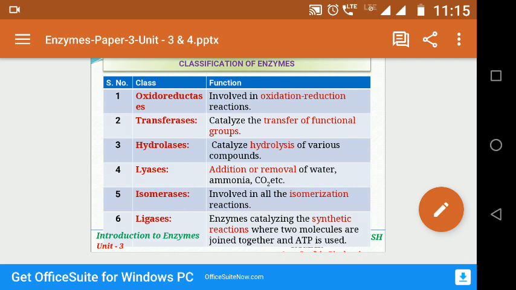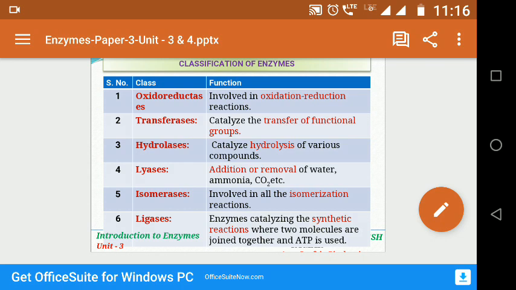And the fourth class is lyases, which carry out reactions where addition or removal of small groups, small molecules like water, ammonia, carbon dioxide, etc. takes place. And the fifth group is isomerases, which are involved in isomerization reactions. And the last group is ligases. These ligases are also known as synthetic enzymes, which ligate or join two small molecules to form a large molecule.